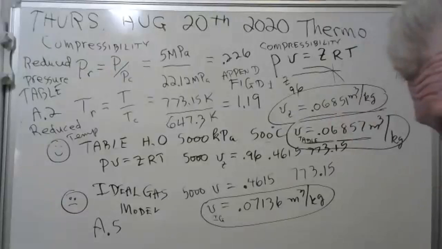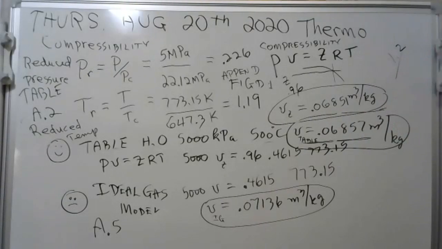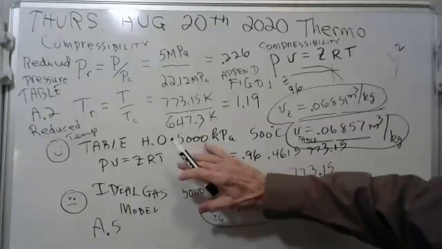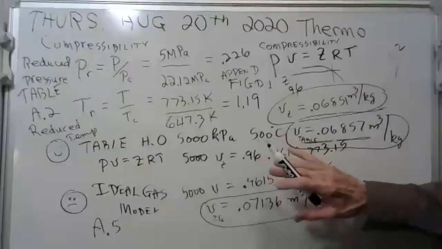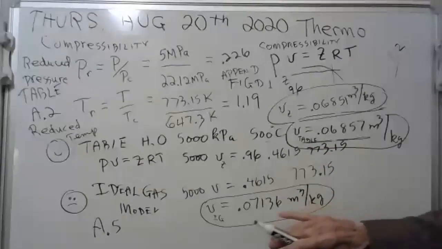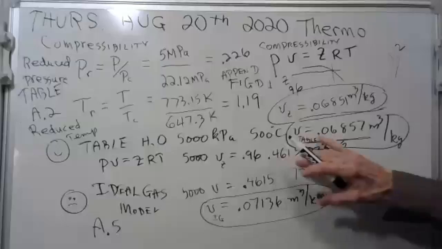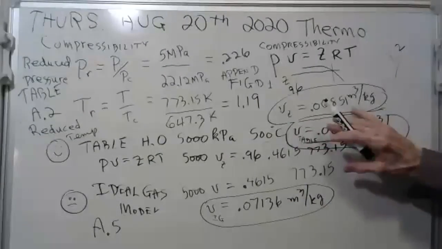The pressure we use in the compressibility equation is 5,000, right? Yes, I used 5,000. I used water at 5,000 kilopascals and 500 degrees Celsius. Using the ideal gas law, I got this answer. Using the tables, I got this answer. Using compressibility, I got that answer.